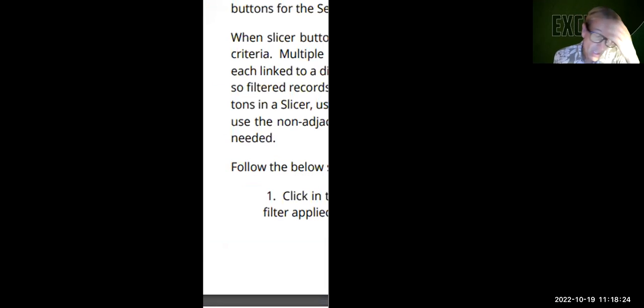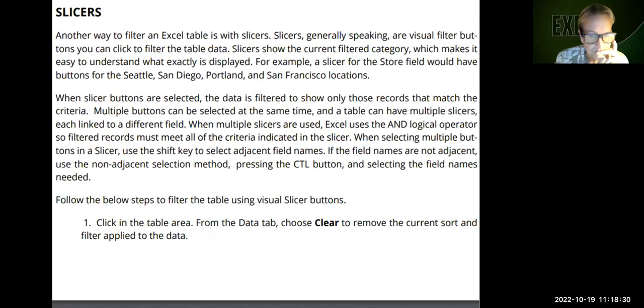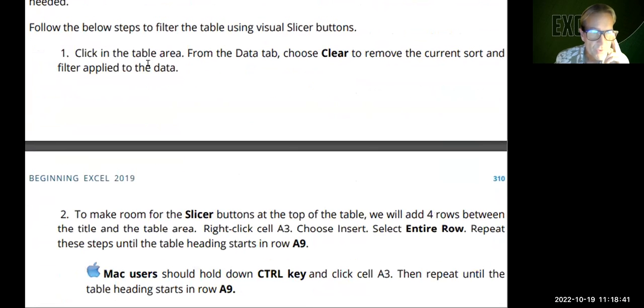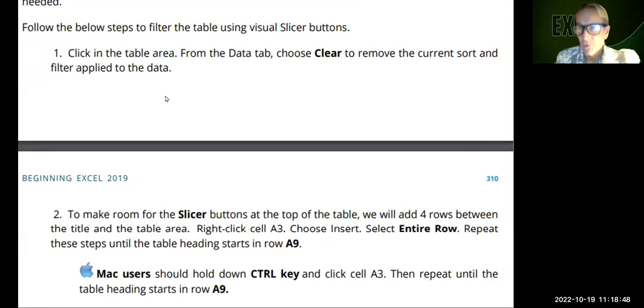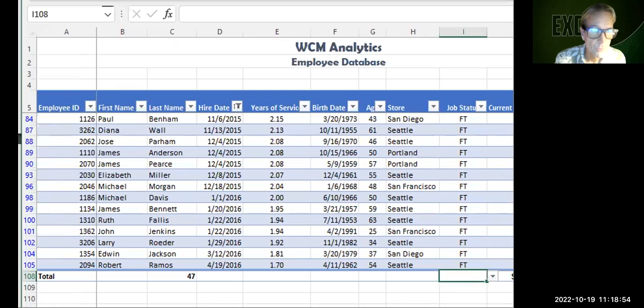And again, I'm going to try not to explain too much. The reason is I have a tendency to do that, but the overview video, I think, is more instructional. And here I'm just going to demonstrate the steps and maybe give you some brief instructions. The first instruction is to click the table area and then clear the current sort and filter that is applied. So I just showed you that there was a sort and filter applied.